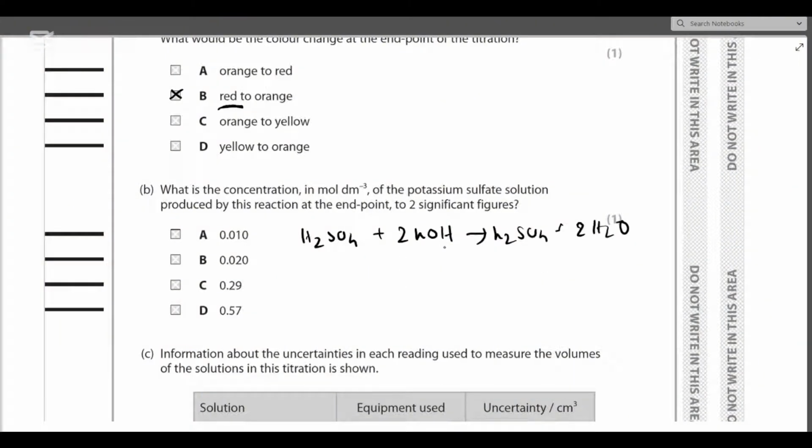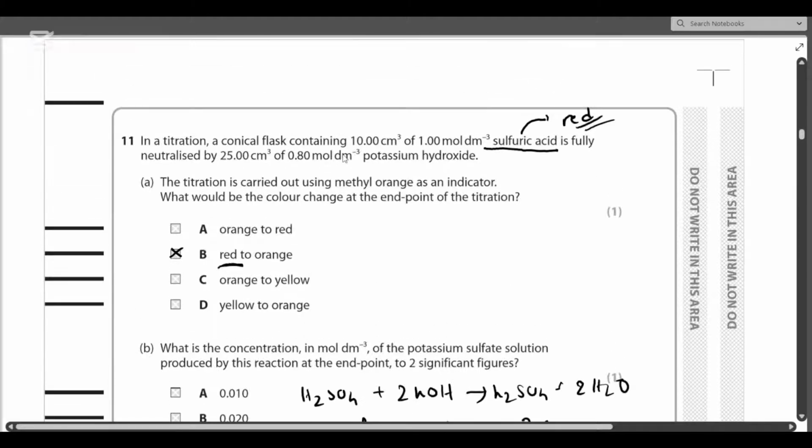We can see the ratio of H2SO4 to KOH is 1 to 2. So we can write the moles of KOH added using the mole ratio as 2 times the moles.